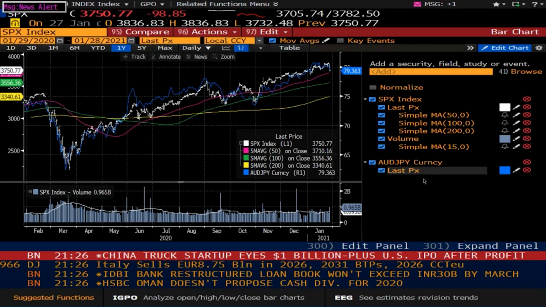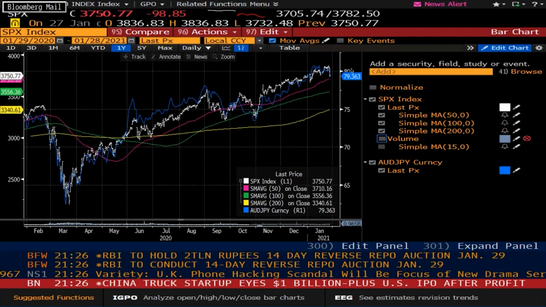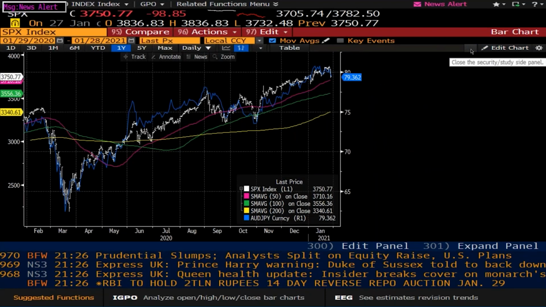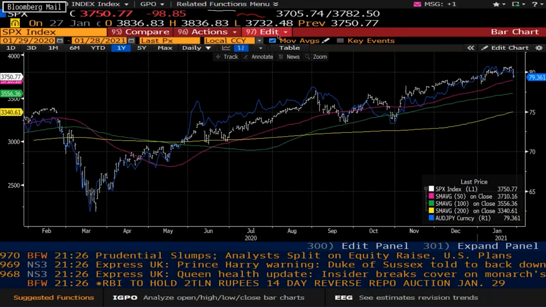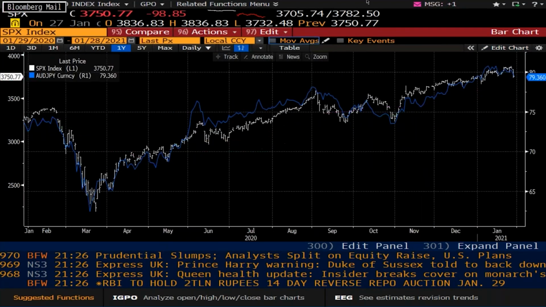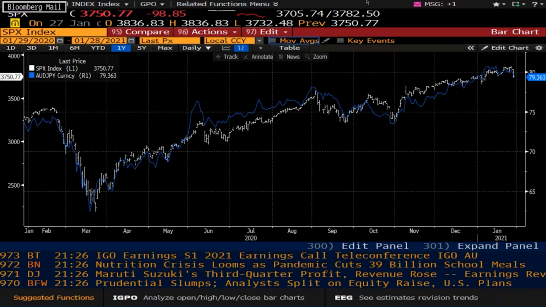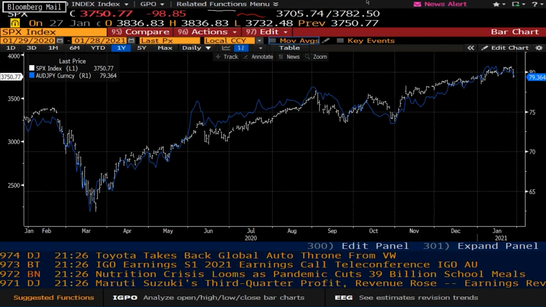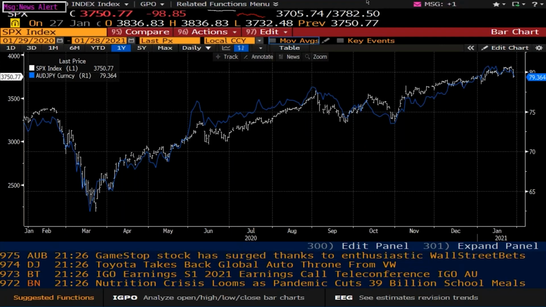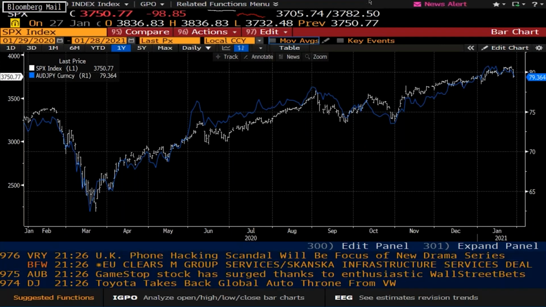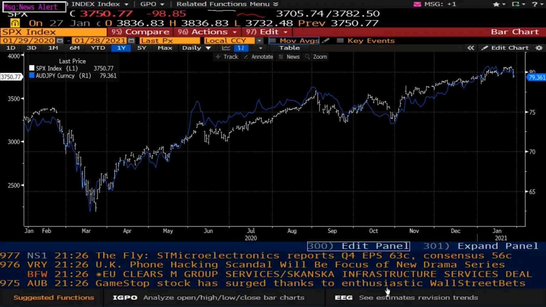Now I know that if we have a look at the correlation between the two, they're incredibly tight. So do I want to trade? If I believe that there's going to be a down move in the S&P, I've pretty much taken the view that there's going to be a down move in Aussie yen as well. You can see that the Aussie yen is effectively a proxy of what's happening in the US equity market. So I can trade the two. I've got a choice of trading the two.